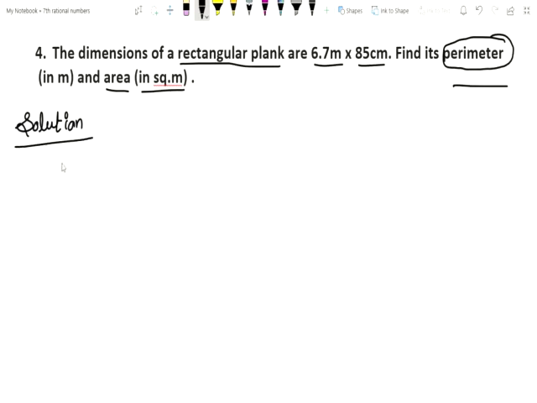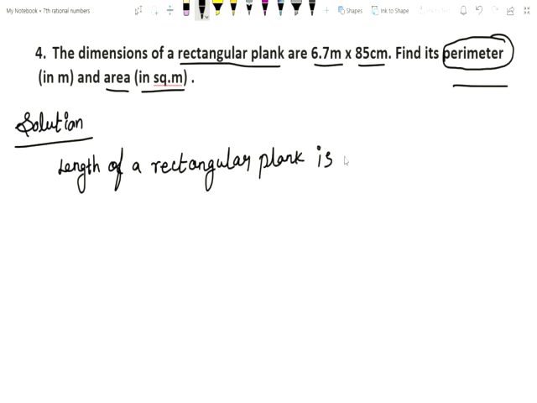So length of a rectangular plank is 6.7 meter.